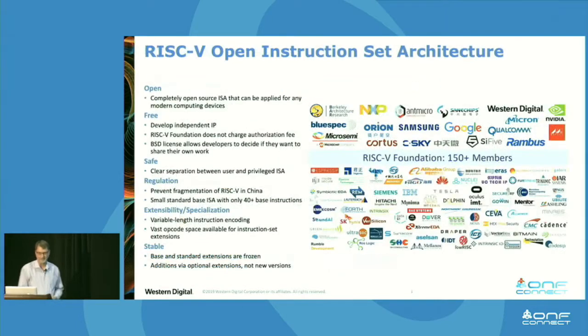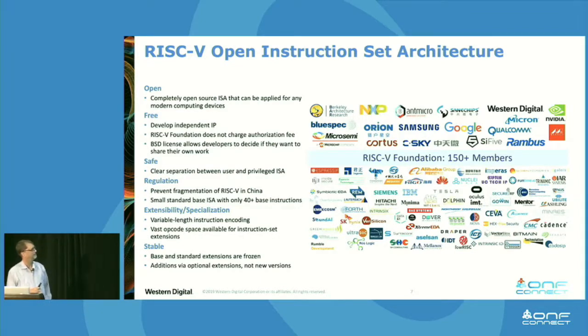So this is the RISC-V organization. It's a foundation that has roughly 150 members. There are not a whole lot of networking people there by and large, which is one of the reasons that we wanted to present this to the networking community.